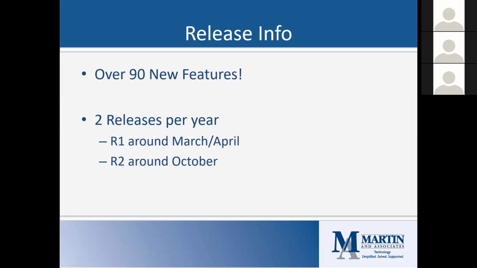And a lot of times at Acumatica's big summit event, which is typically at the end of January, they start showing a lot of the new features that are going to be coming out in R1 and R2. It's newer features and ones that might come out a little later in the year. So that's always a good time to attend that show. Shameless plug. And R2 is generally done around the end of September, beginning of October.